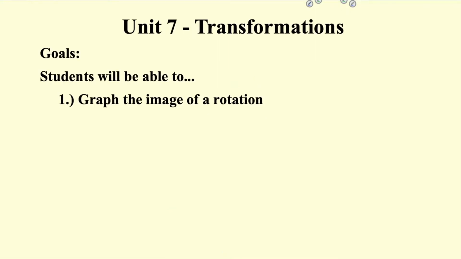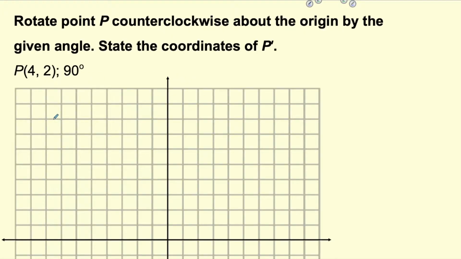All right, so graphing the image of a rotation. Let's start here. Rotate the point by the given angle, going counterclockwise. I'm going to take the point (4, 2) and rotate it 90 degrees. Imagine I draw from the origin to this point, and we rotate that point 90 degrees counterclockwise.